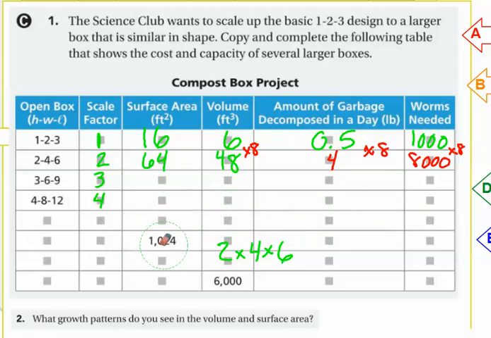I'm going to continue going on. We do the exact same math. 3 times 6 times 2 plus 3 times 9 times 2 plus 6 times 9. And I'm going to get a surface area of 144 feet squared. To find the volume, 3 times 6 is 18 times 9 is 162 feet cubed.